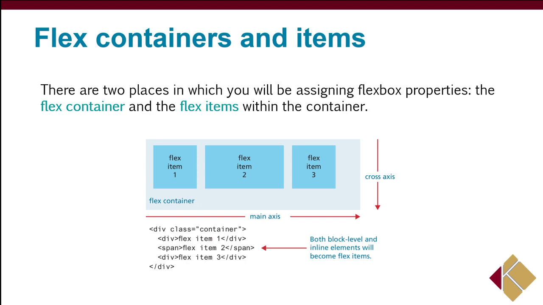So this is important for your aligns. Remember, main axis, cross axis. Also, we went over block level and inline level elements. Block levels create new lines basically whenever they're declared, and inline don't. They just keep going. Both of those become an item. So be aware of that.